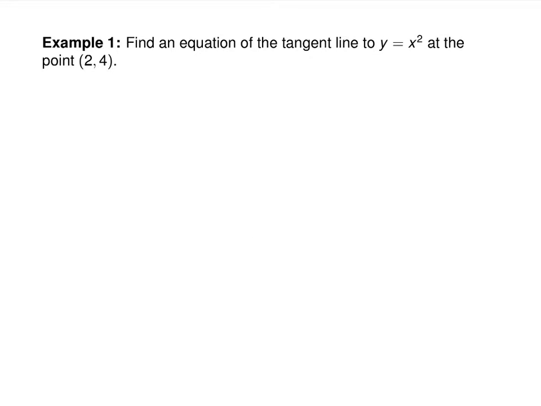So find an equation of the tangent line to this curve at the point 2, 4. Okay. So the slope will equal limit x goes to a, f of x minus f of a over x minus a. We have a parabola.